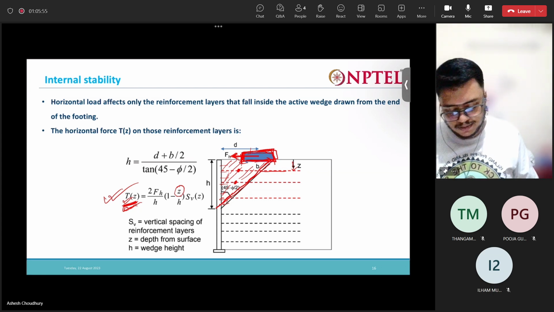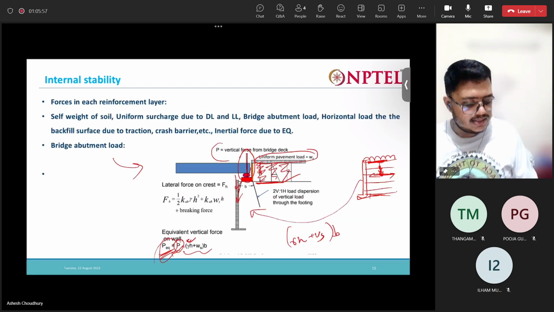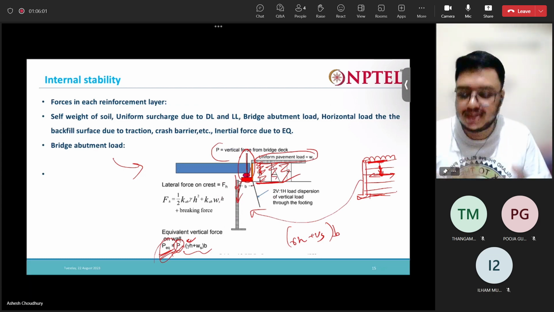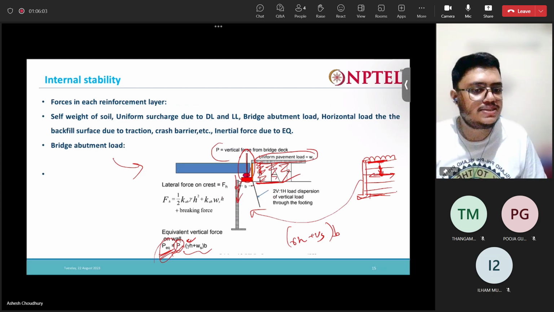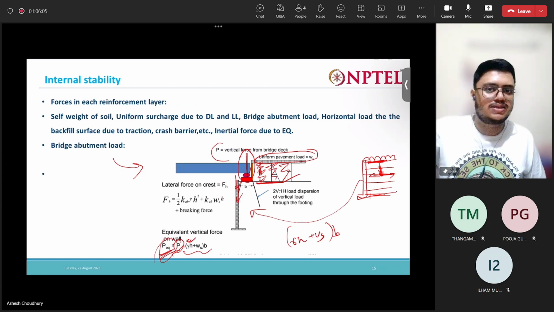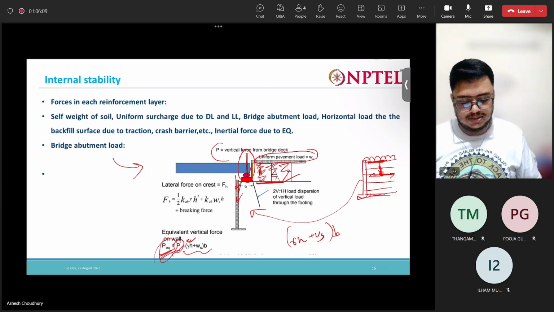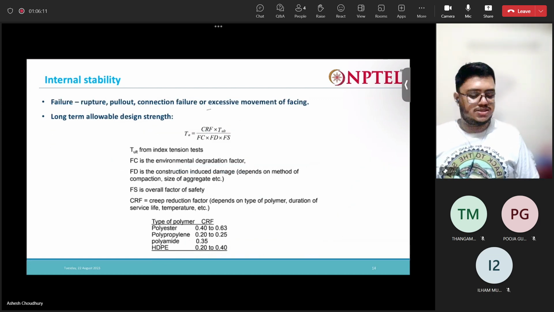Now what we are discussing are all the loads that we should consider for the internal stability. Internal stability check means the pull out check, tensile failure check, and the connection failure check.